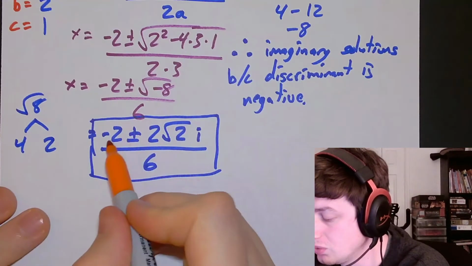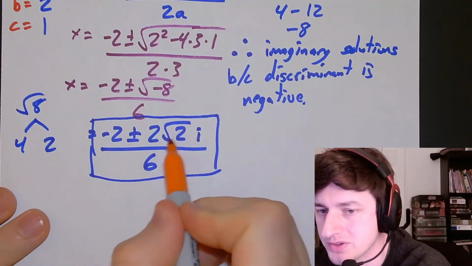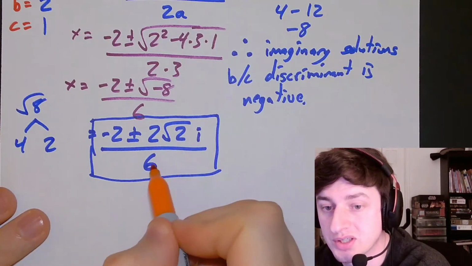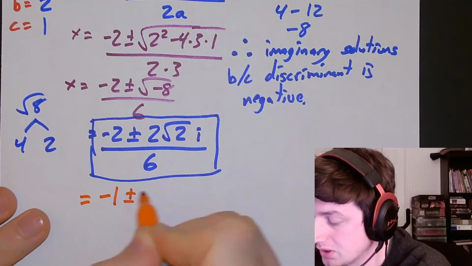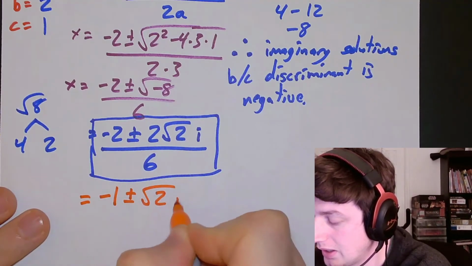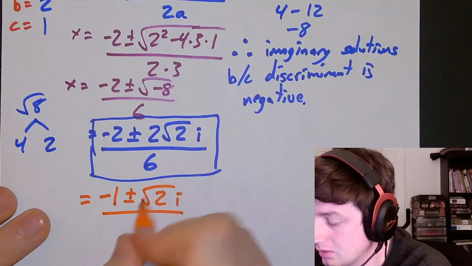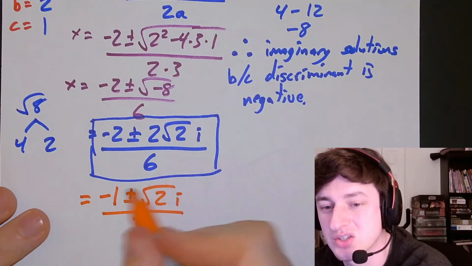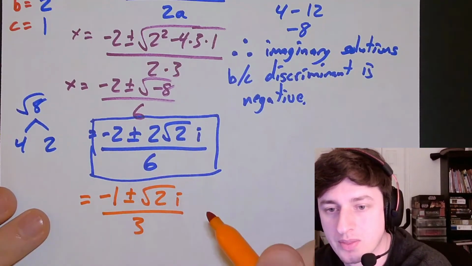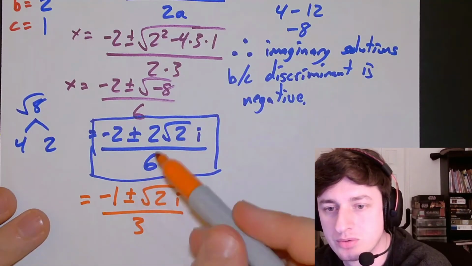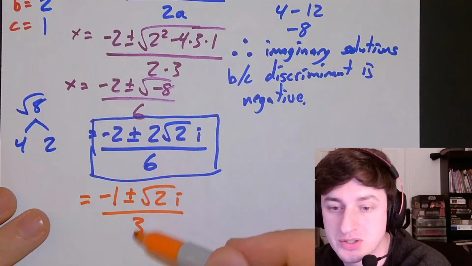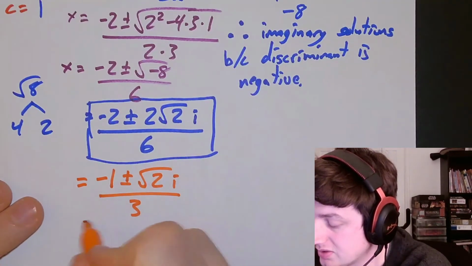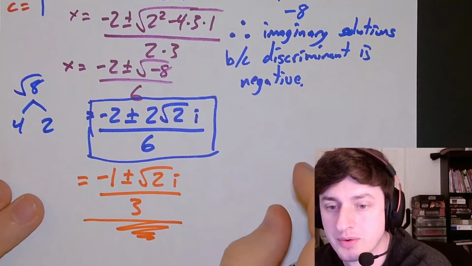We have a 2, we have a 2, not this 2, and then there's a 2 inside this 6. So this also equals negative 1 plus or minus the square root of 2 i, divided by 3. And so this is a better answer. Both are acceptable. We've simplified the square root, but we can also simplify this fraction further. And so this is the better answer.